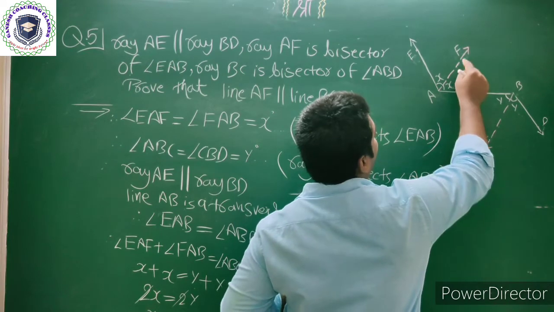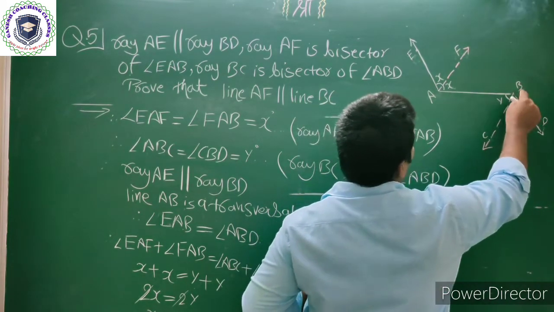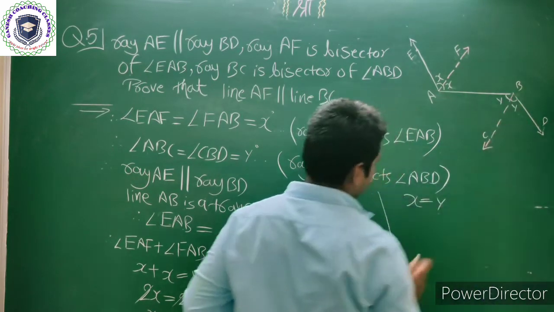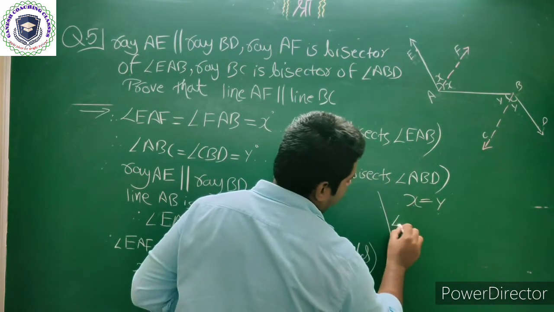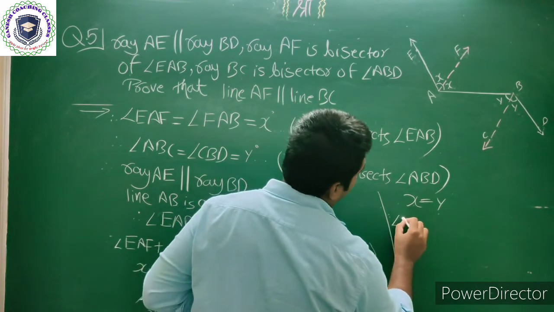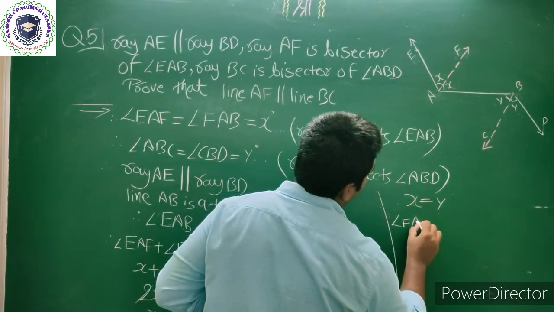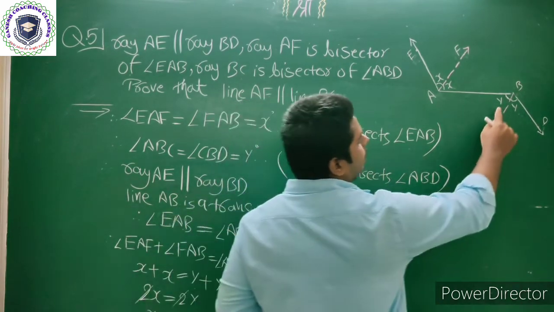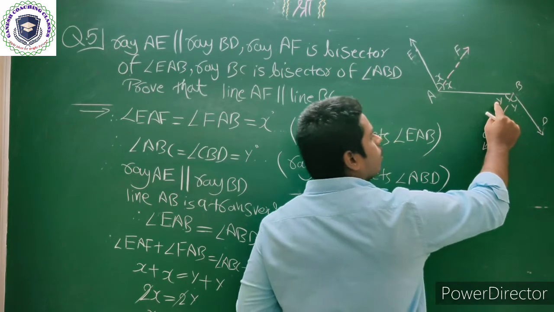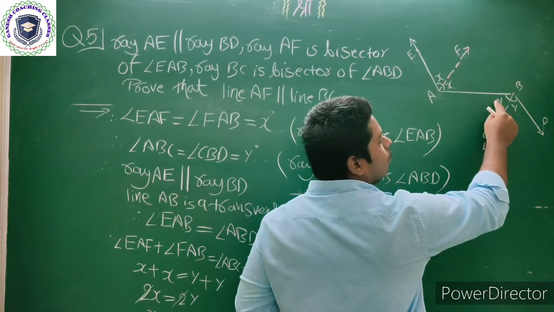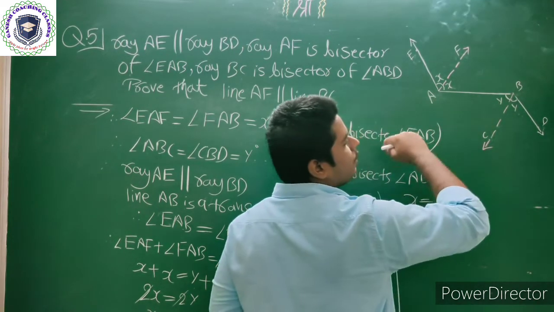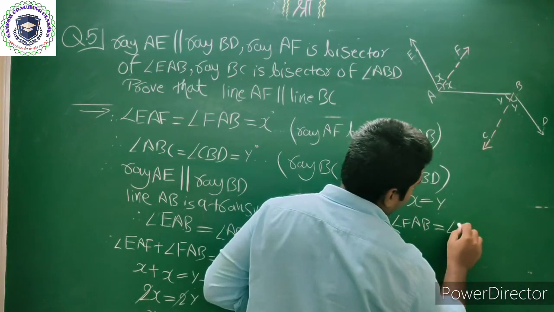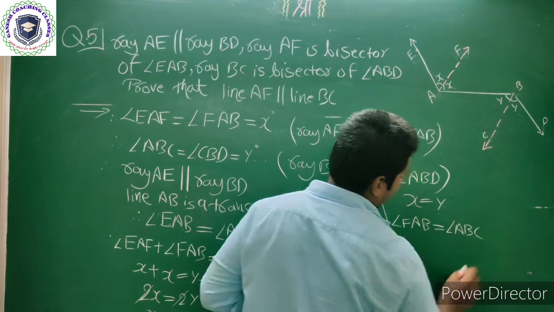So in place of X we can write angle FAB. Therefore angle FAB is equal to, and in place of Y, whose measure is Y in the given figure, we can write angle ABC.